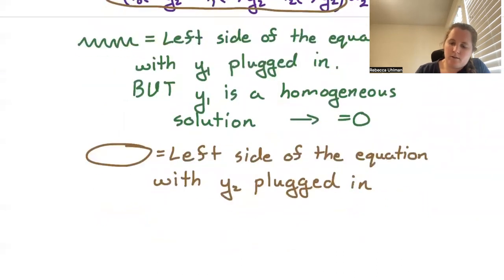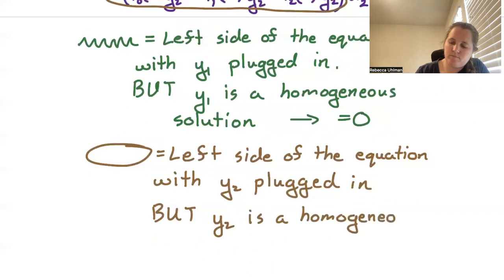And again, y2 is also a homogeneous solution, so we get that this is equal to 0.